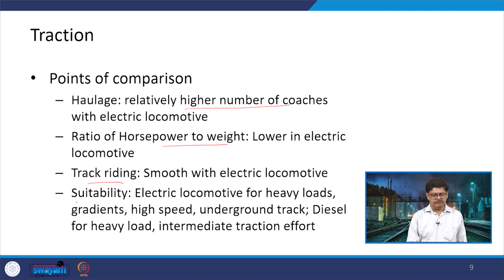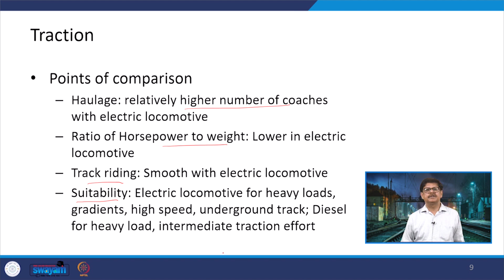And finally, if we talk about the suitability, the electric locomotive is suitable for heavy loads, for moving on the gradients, to achieve high speeds, and even to work on underground tracks. So, those suitabilities are there.